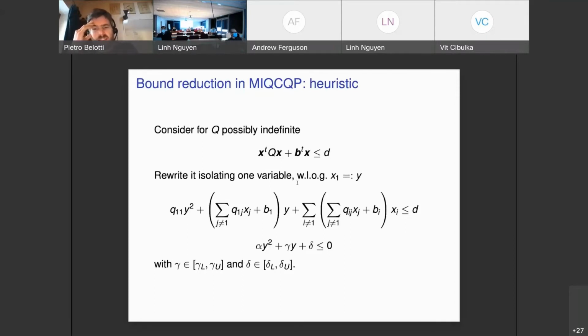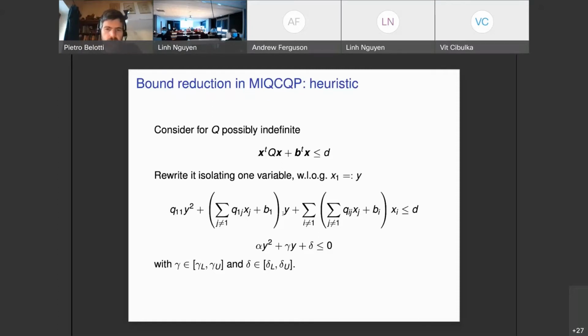It arises from isolating a single variable. Let's take x1, and then let's just rename it y for the sake of clarity. At least I hope this is going to be clear. But basically, you can then rewrite any quadratic constraint as follows. You take the quadratic coefficient for y square, which is q11, of course.